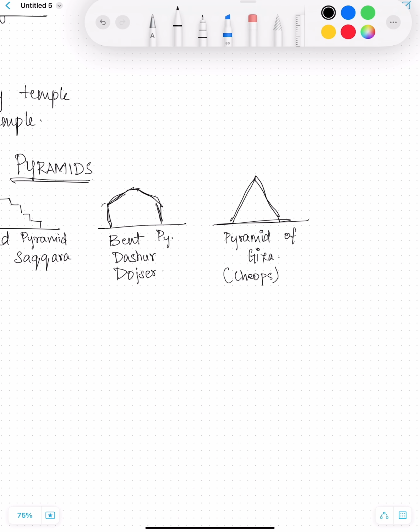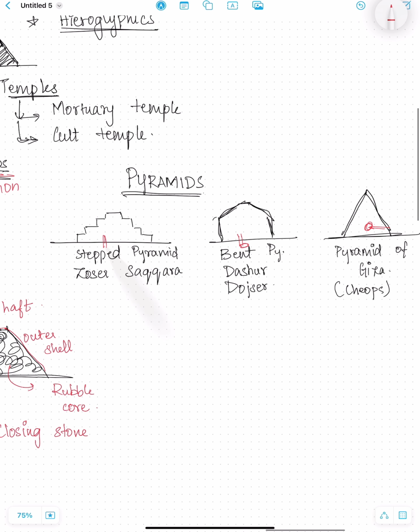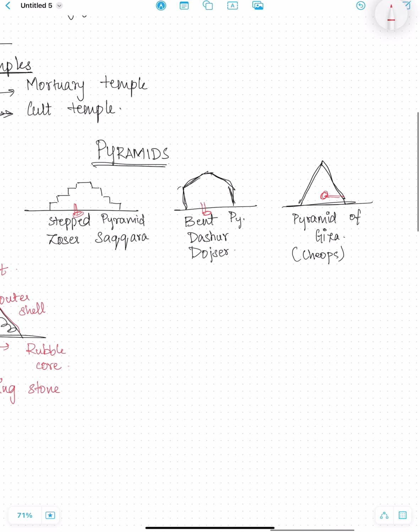Now something important to remember is that the treasure canal was here. The treasure canal was underground, and it was underground for this too. And another thing most of us remember is that the pyramid was based off the cardinal directions.